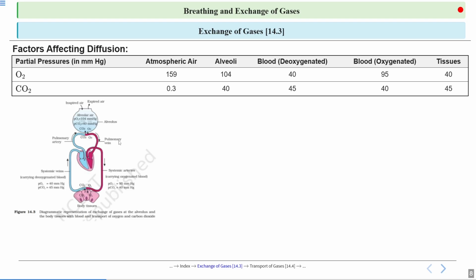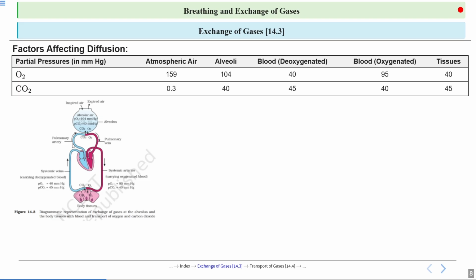So here we will understand, this is very, very important. Now here you can see inspired air. This is the inspired air. It is having 104 mmHg of partial pressure of oxygen and PCO2 40 of carbon dioxide.